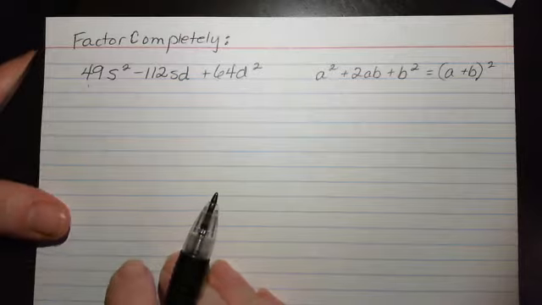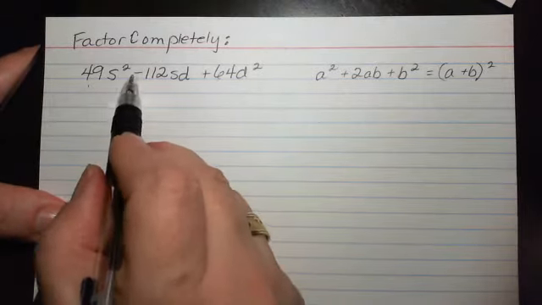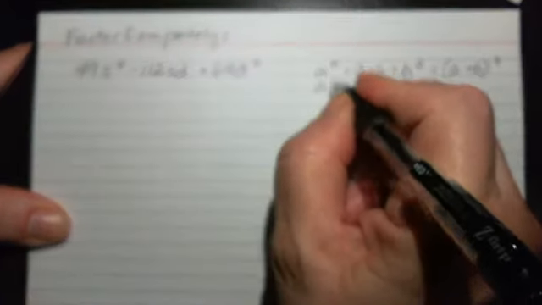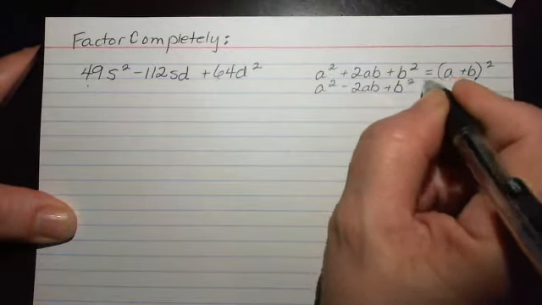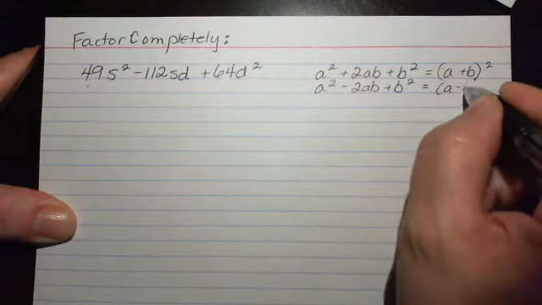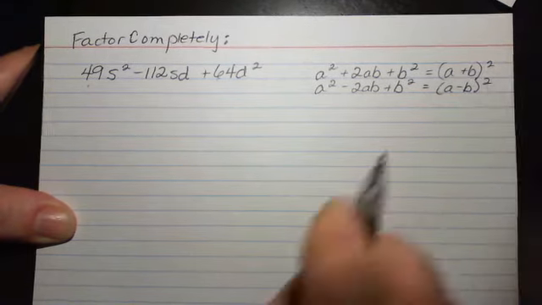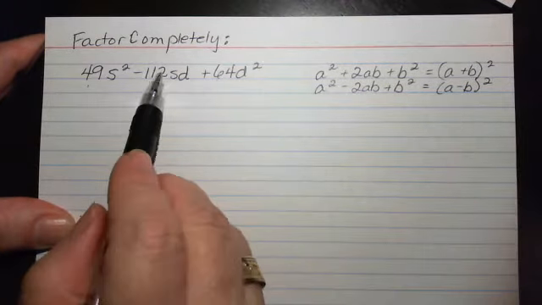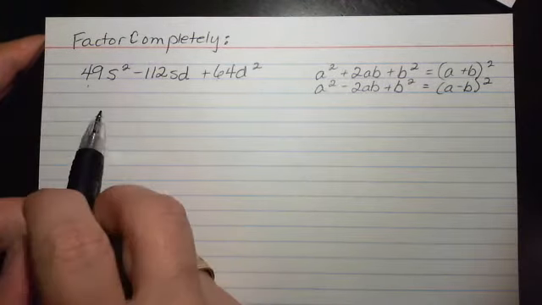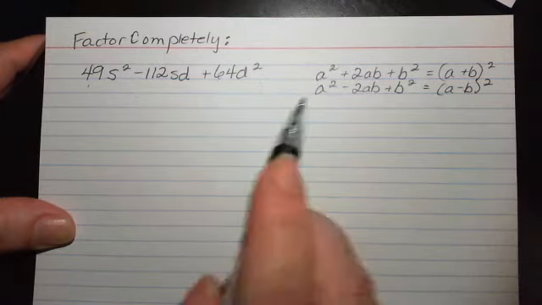This is factoring by a pattern. Now notice that this one has a subtract in the middle, so the pattern that goes with subtract factors into the square of a subtraction binomial. So I believe that this probably factors into the square of a subtraction binomial.